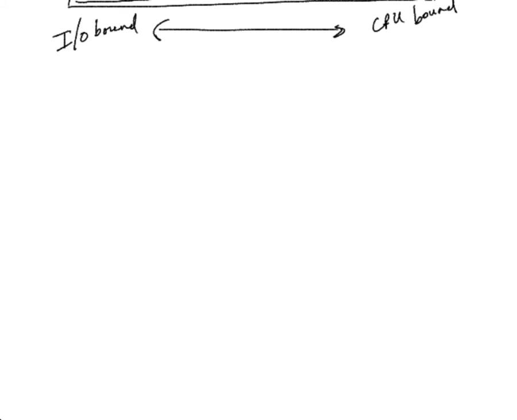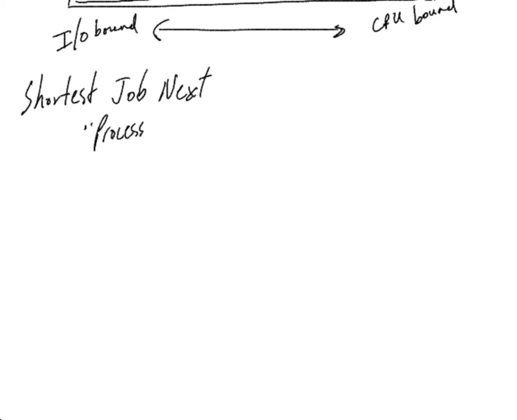The next approach is shortest job next. In the book, it calls it shortest process next. And it's simply that. We're going to run the shortest job first, or run it next. Now, the problem is, how do we estimate how long a job will take?